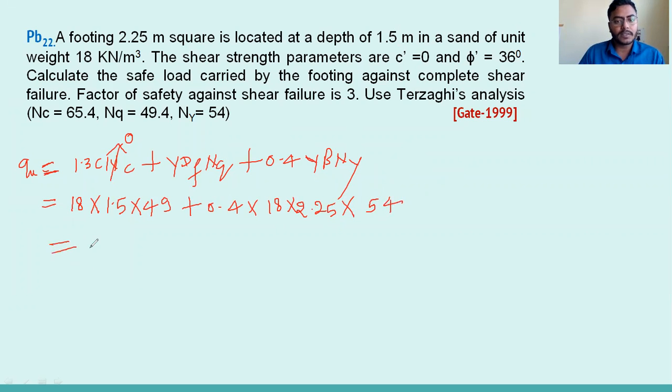By calculating this value, I have already calculated, so that we get 2208.6 kilonewton per meter square.